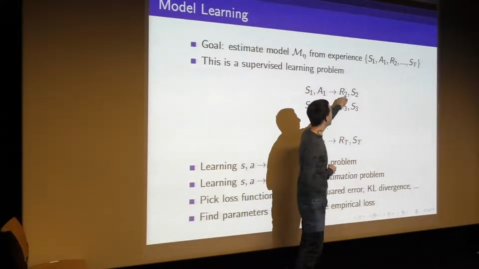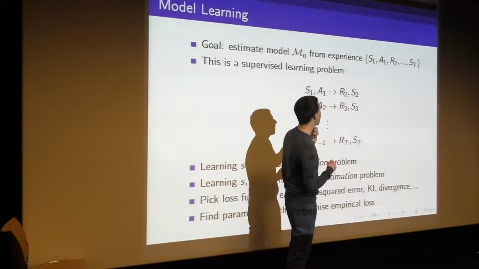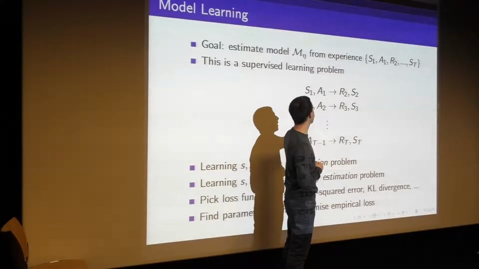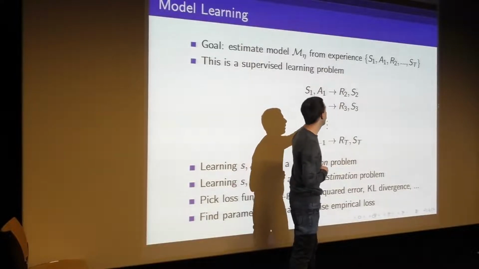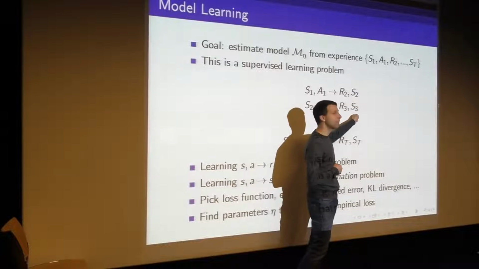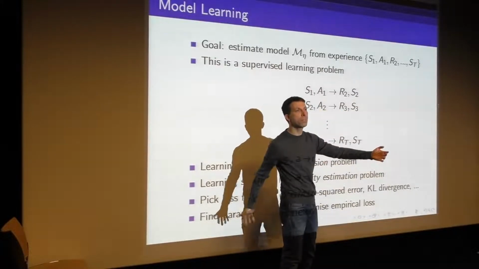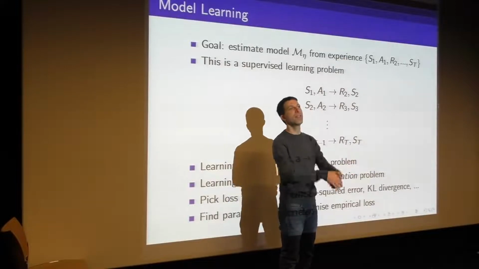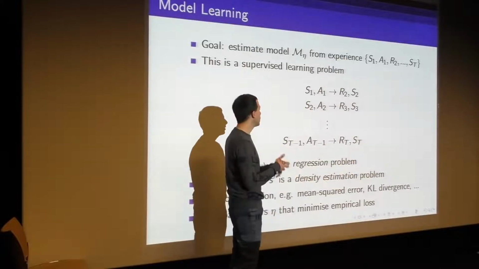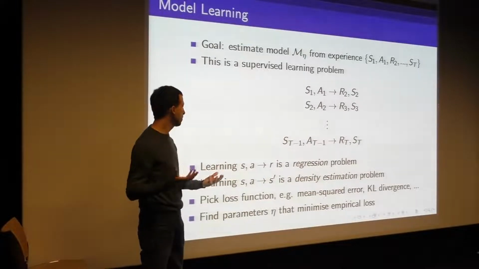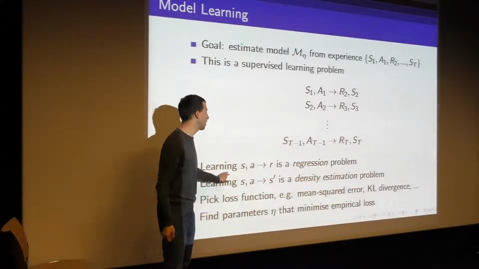We see what reward we got, we see where we ended up, and that becomes an example that we can learn from. Then we've got another example: I was in state S2, I took action A2, I got some immediate reward, and ended up in some new state. That's another example. We collect together all the examples that we see from all of our trajectories. That gives us our training set. We can use that training set to do regression to learn the rewards.